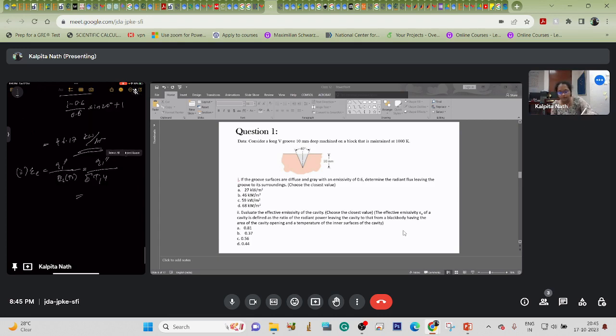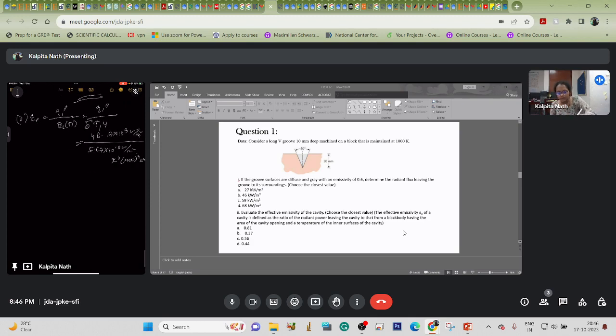So this is 46.17 into 10 to the power 3 watt per meter square upon 5.67 into 10 to the power minus 8 watt per meter square Kelvin to the power 4, times 1000 to the power 4 Kelvin. So this will be equal to 0.81.